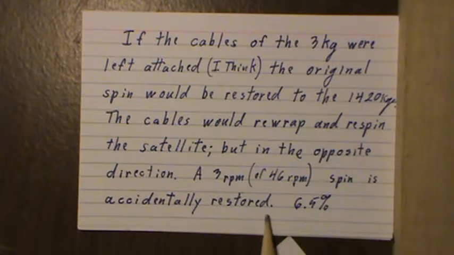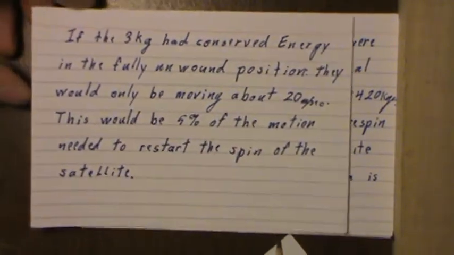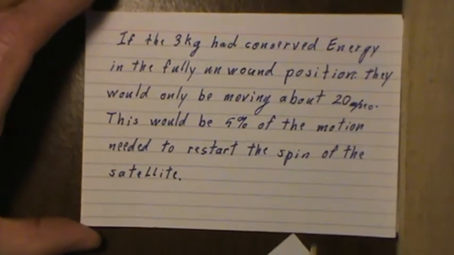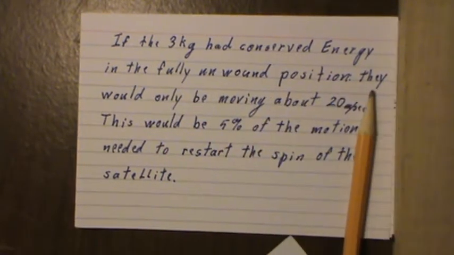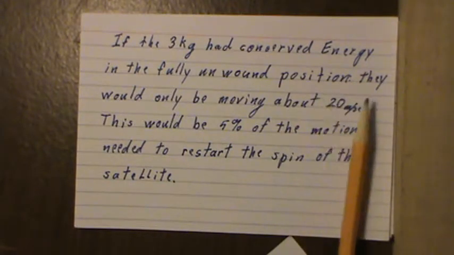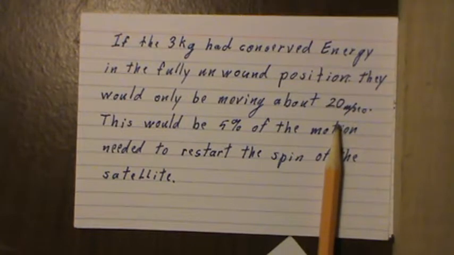So their backspin was actually more than the motion available to them according to their predictions. If the 3 kilograms had conserved energy in the fully unwound position, they would only be moving about 20 meters per second.